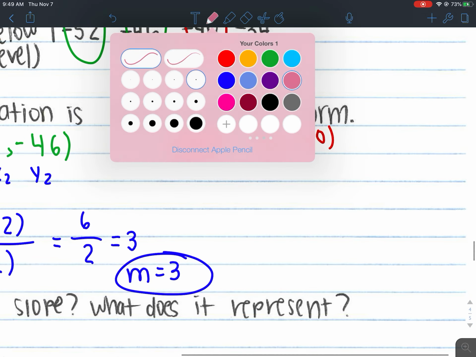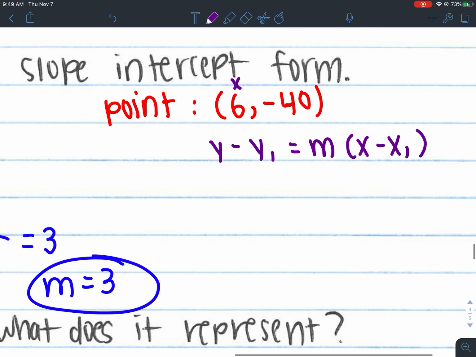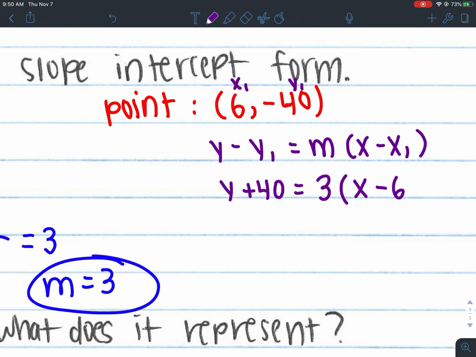Let's put this in point-slope form: y minus y1 equals m times x minus x1. Plugging in our information, our y1 is negative 40, so y plus 40 equals our slope, which is 3, times x minus 6. Again, this is still not what we want because we want slope-intercept form, so let's get y by itself.